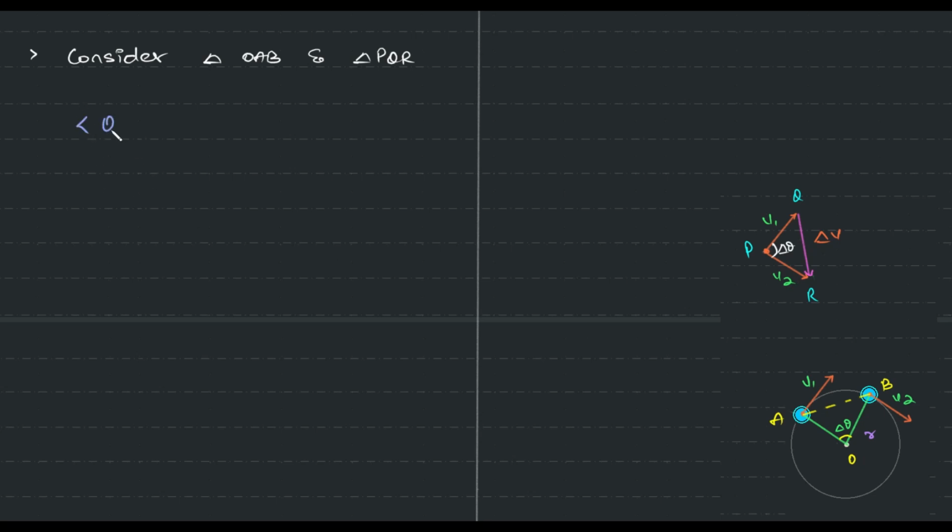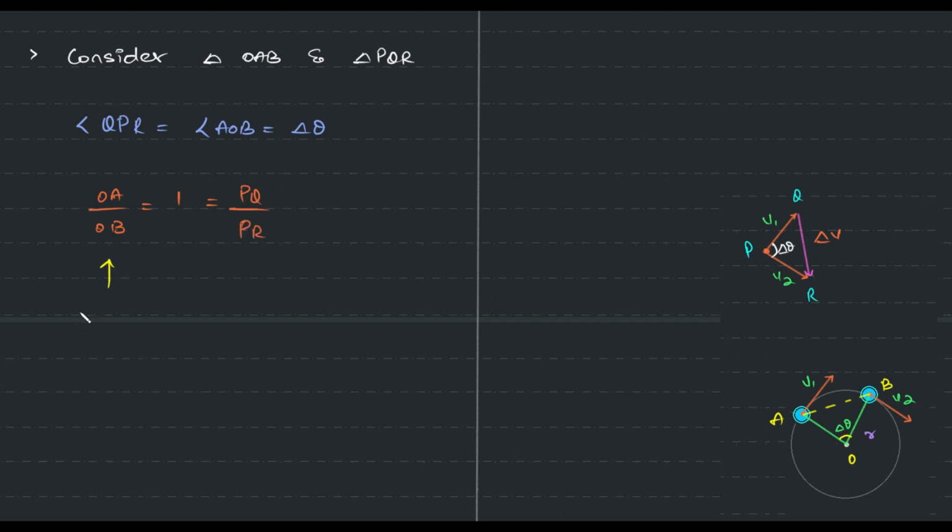Let's have a look. We have angle QPR, which is equal to angle OAB, which is equal to delta theta. Okay. Then we have OA by OB, which is radius, so they are equal to 1. And also in this triangle PQ by PR are also equal to 1.